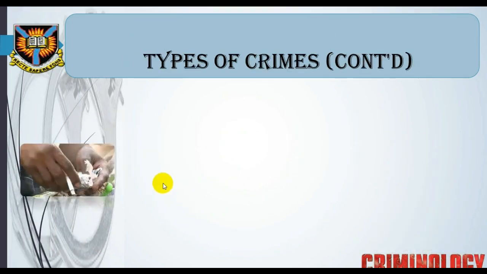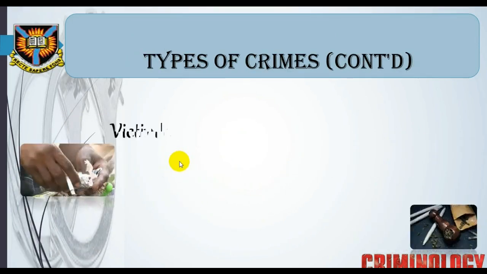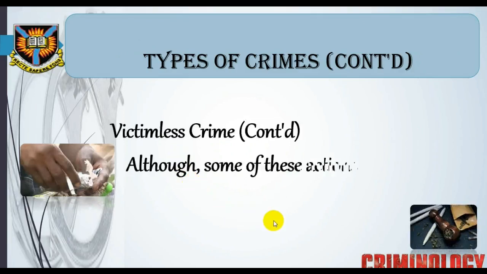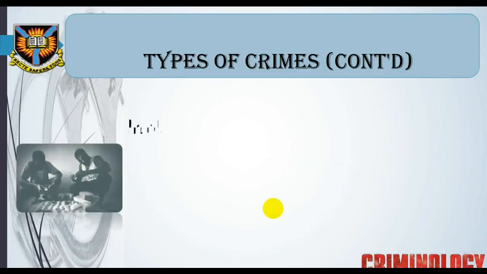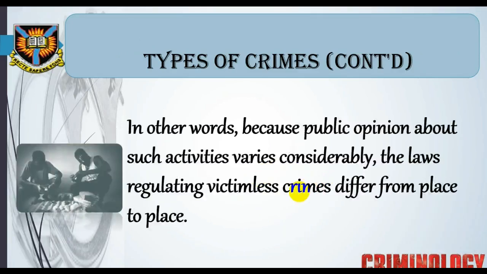Note that some of these actions are illegal in certain jurisdictions and legal in others. In other words, because public opinion about such activities varies considerably, the laws regulating victimless crimes differ from place to place.